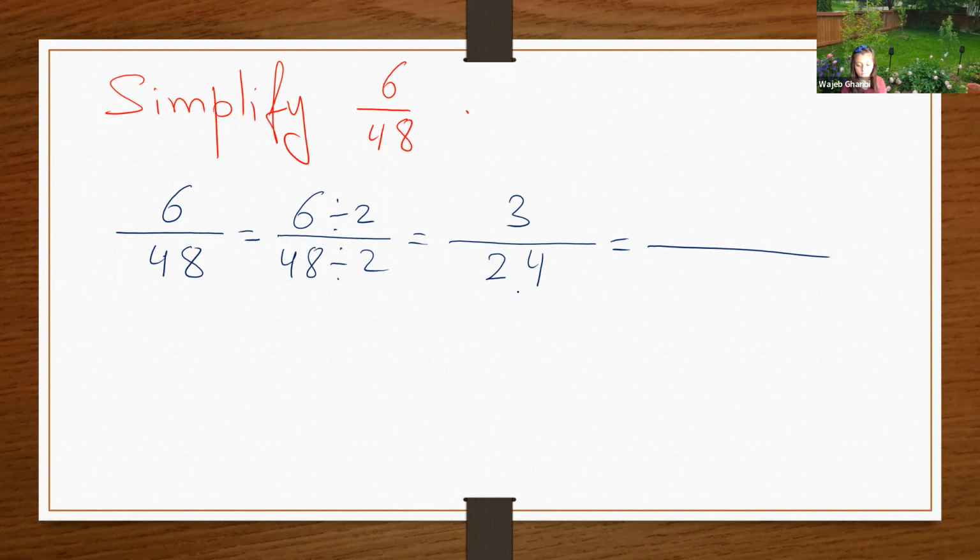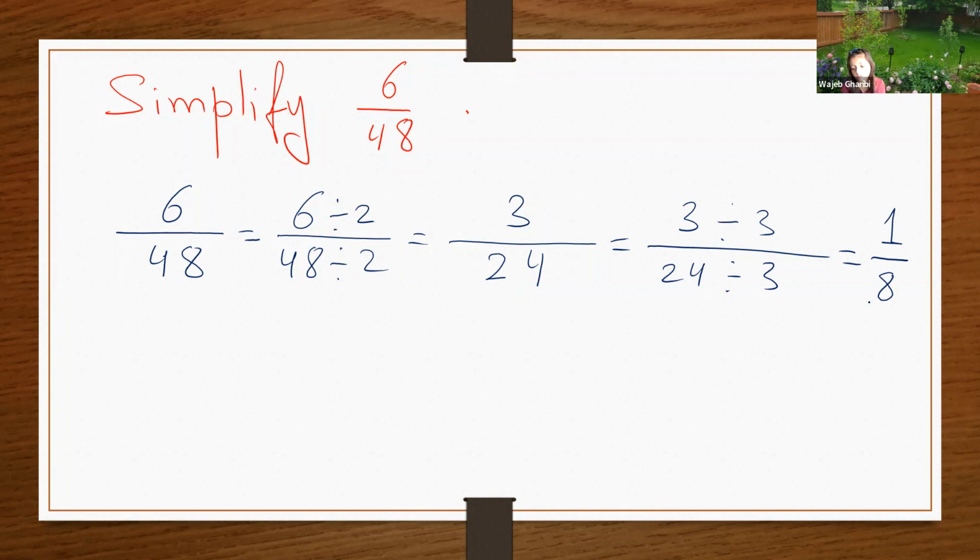Now 3 can be divided by 3, and 24 can be divided by 3. Why can 24 be divided by 3? Because the sum of its digits, 2 plus 4, is 6, which is divisible by 3. So 3 divided by 3 is 1, and 24 divided by 3 is 8, because 8 times 3 is 24.